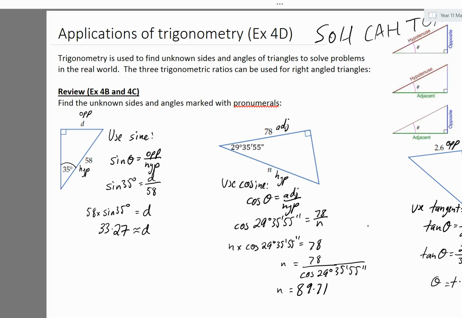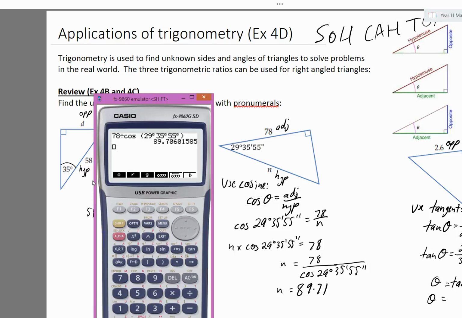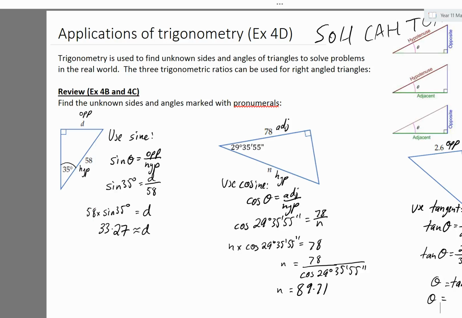So theta will be tan inverse of 2.6 on 3.7. So on my calculator, inverse tan of 2.6 on 3.7, 35.1 degrees.